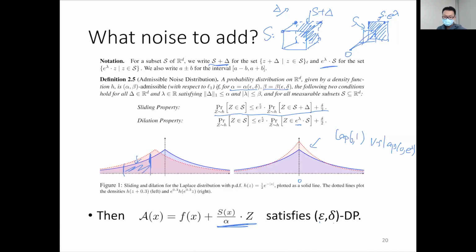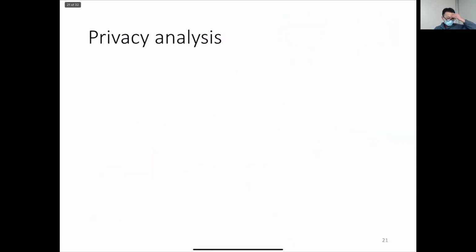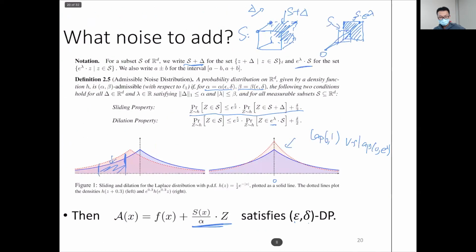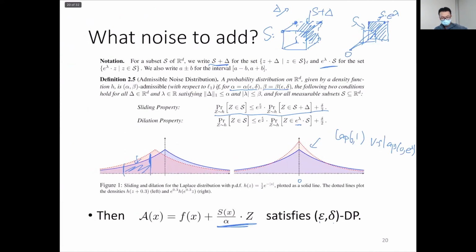Okay, it gets slightly more complicated than the global sensitivity analysis, but it should be intuitive why dilation property is required and needed for this problem. So let's now show that these are the properties that are needed for the differential privacy guarantee to hold.